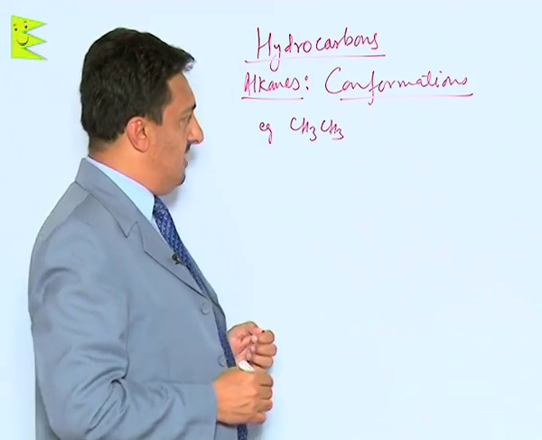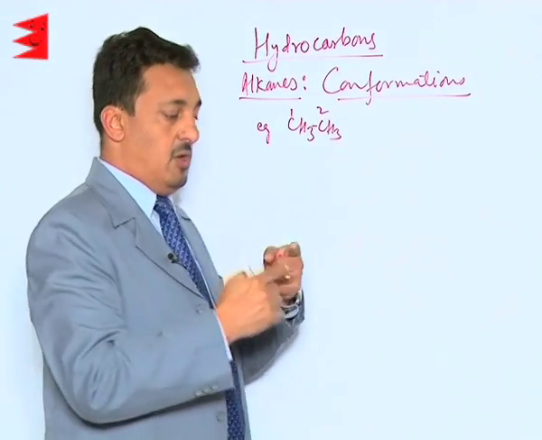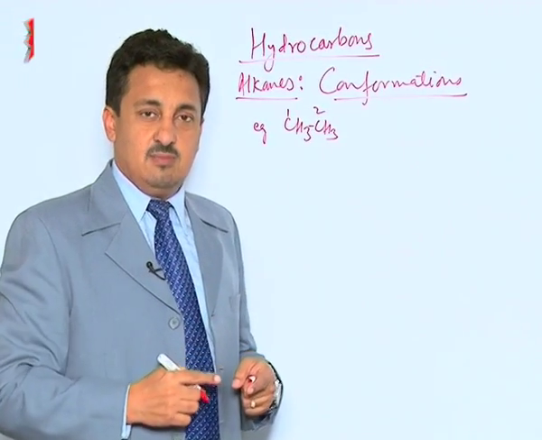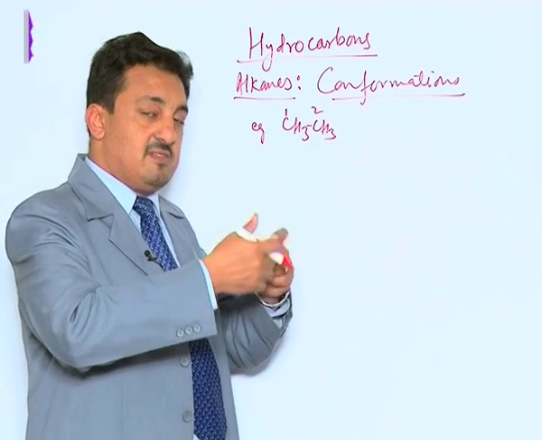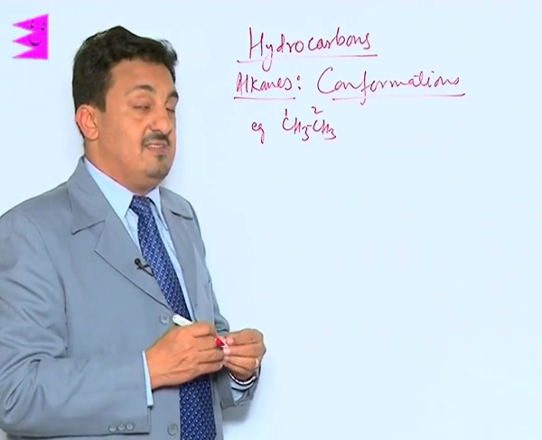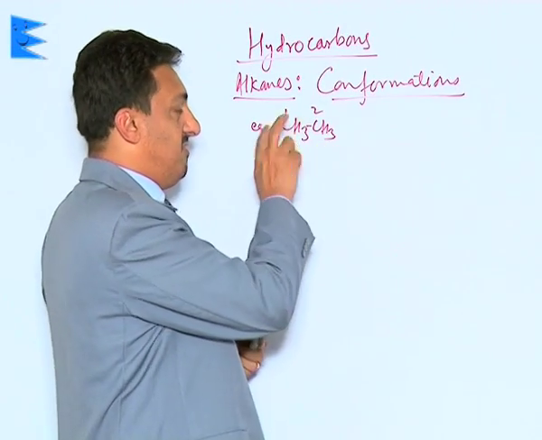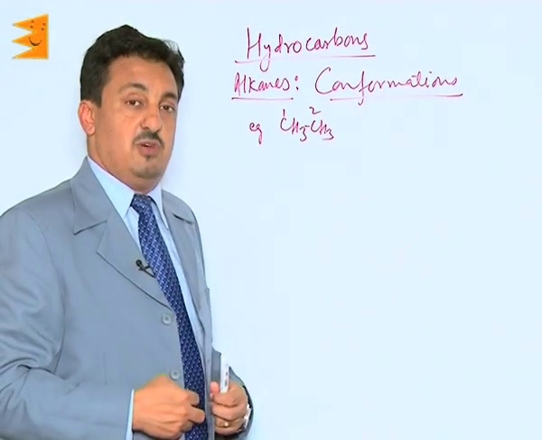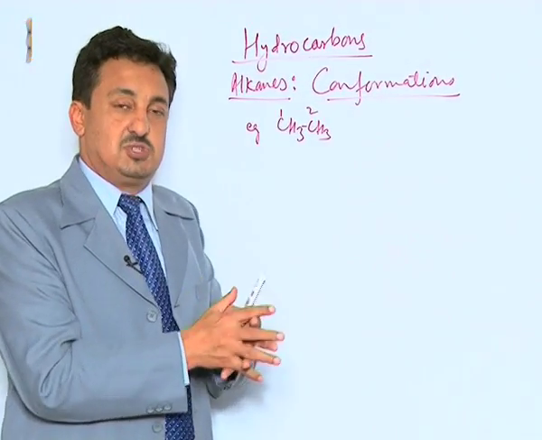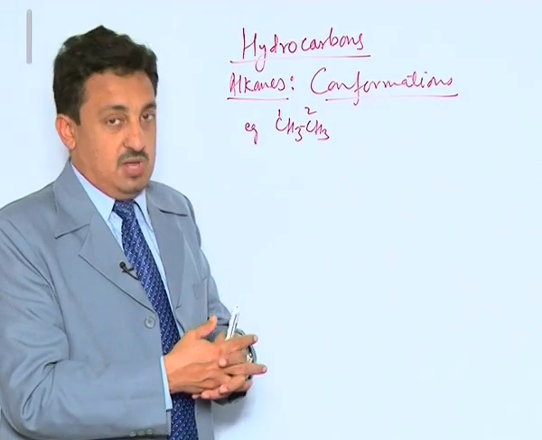Now, in this ethane, since these two carbons are joined to each other through a normal single sigma bond, rotation along this carbon-carbon bond is possible, and as a result the three-dimensional spatial arrangement of the three hydrogens can change. This can result in different types of three-dimensional structures which are called conformers or rotamers.